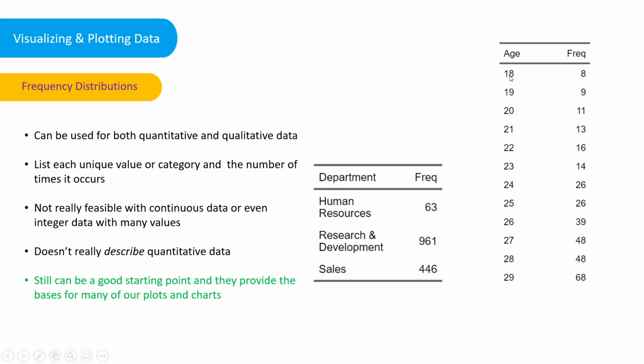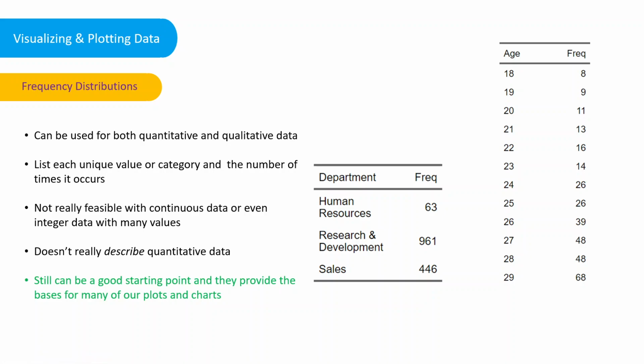If we have a numeric variable, it gets a little trickier, because then we would have to list out every single possible unique numeric value that we have in our data set and the number of times that value occurred. It doesn't look that bad with this example because I've only included ages from 18 to 29 and everybody's age is rounded. But imagine how difficult this can get once we start having numeric or continuous variables where we have a ton of different values.